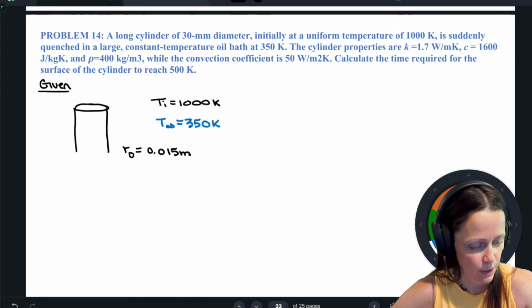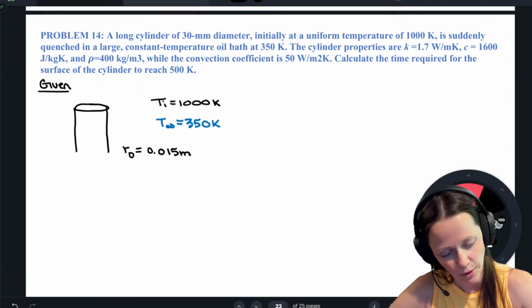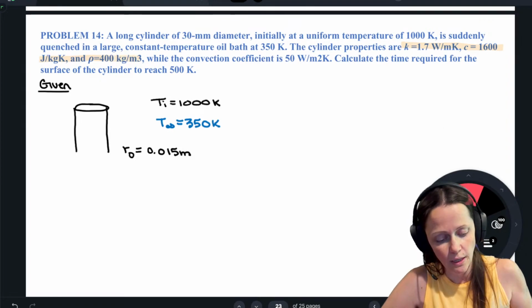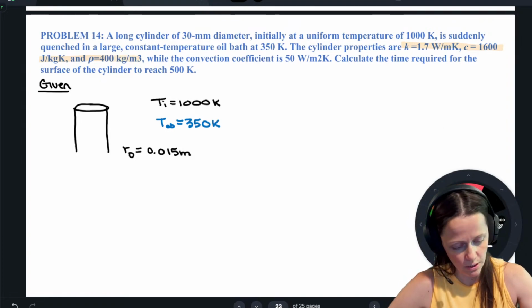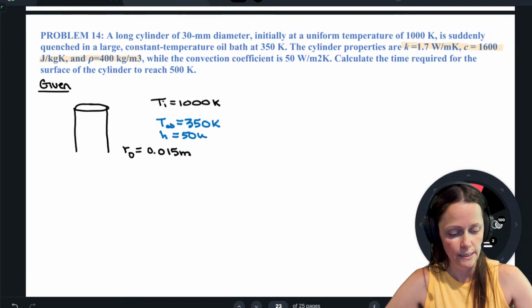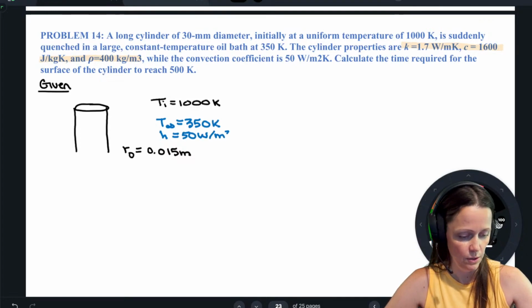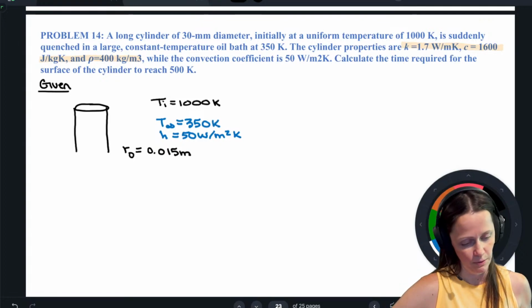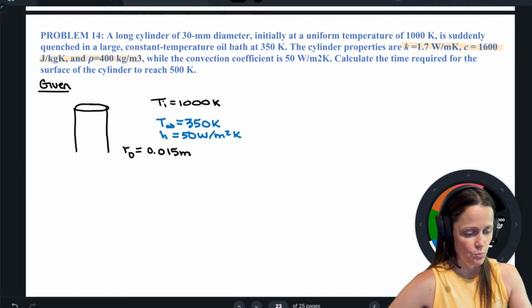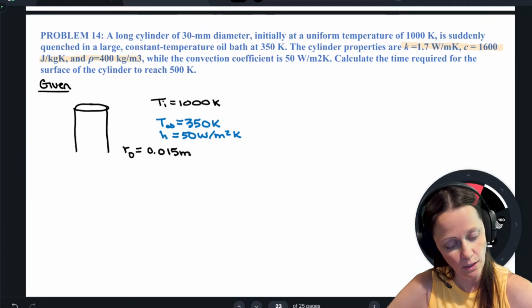And then we've got some properties. I'm not going to rewrite the properties, I'll just highlight them because maybe they'll be useful at some point. And then the convection coefficient is 50 watts per meter squared Kelvin. Perfect. And we want to find the time required for the surface of the cylinder to reach 500 Kelvin.